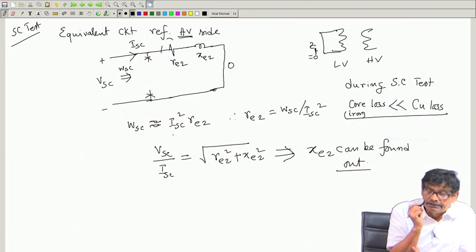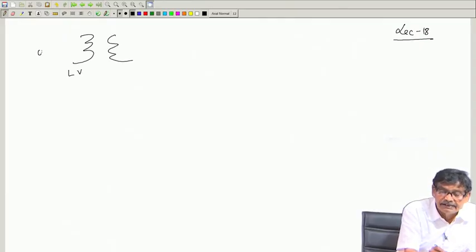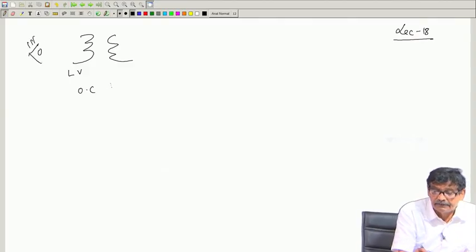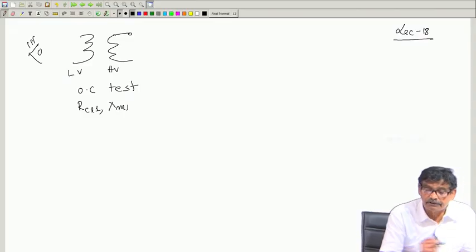Now, after doing this test, I just draw here the LV side. From the LV side I carried out the OC test, and whatever values you have got in the open circuit test, the HV side was open. You got RCL1, the parallel branch, and XM1; these two values I got.